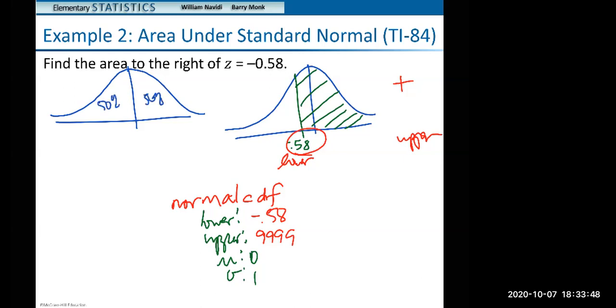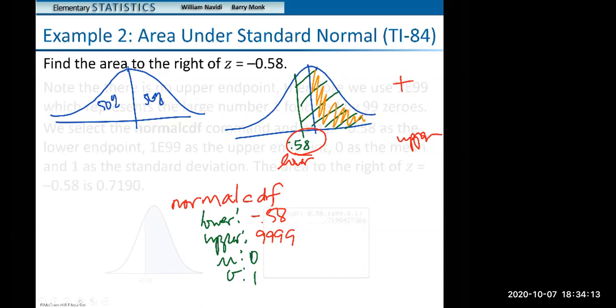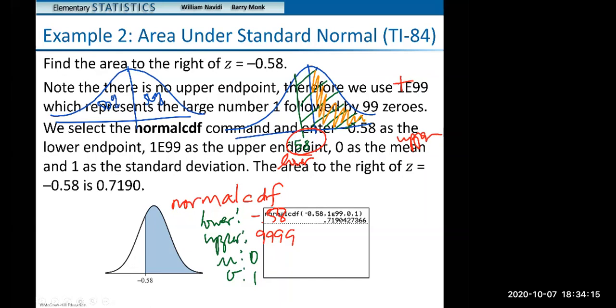Looking at the shaded part to the right of negative 0.58, you have this, and here is 50%. So definitely your answer must be greater than 50%. Okay, so all of you got 71.9%. So most likely that is correct. And yes, it's 0.7190.